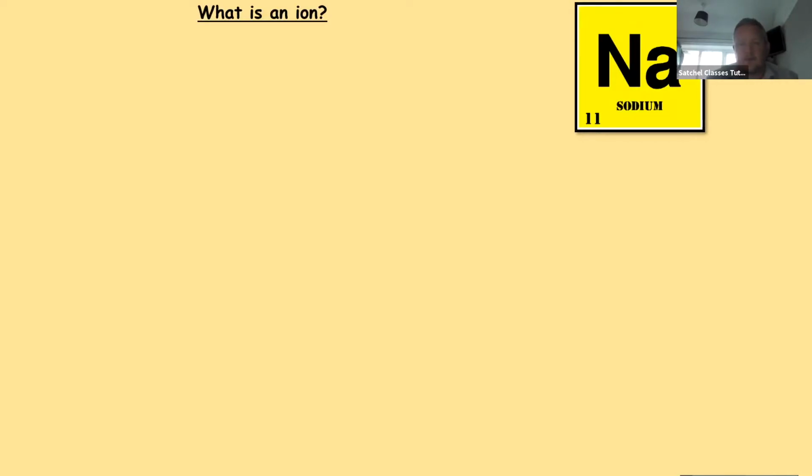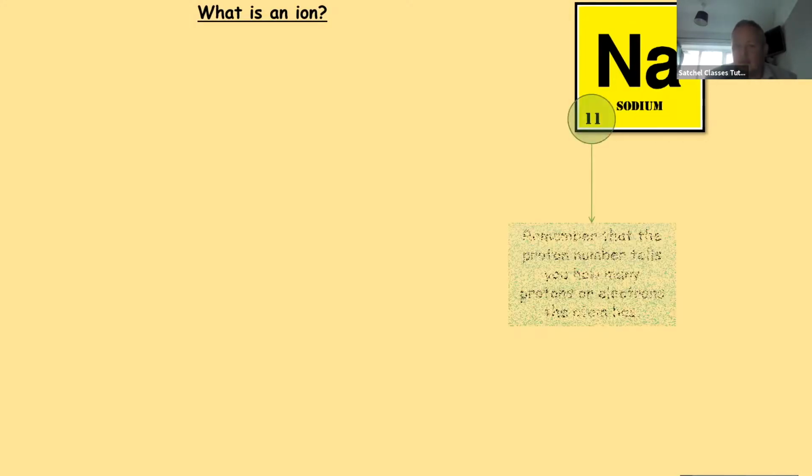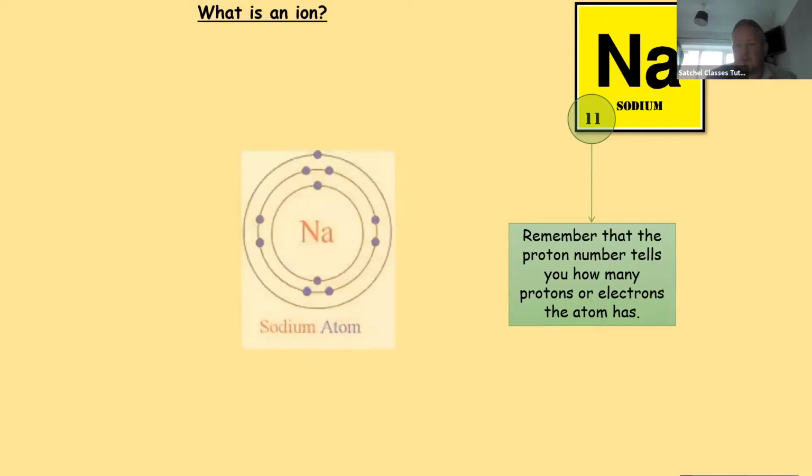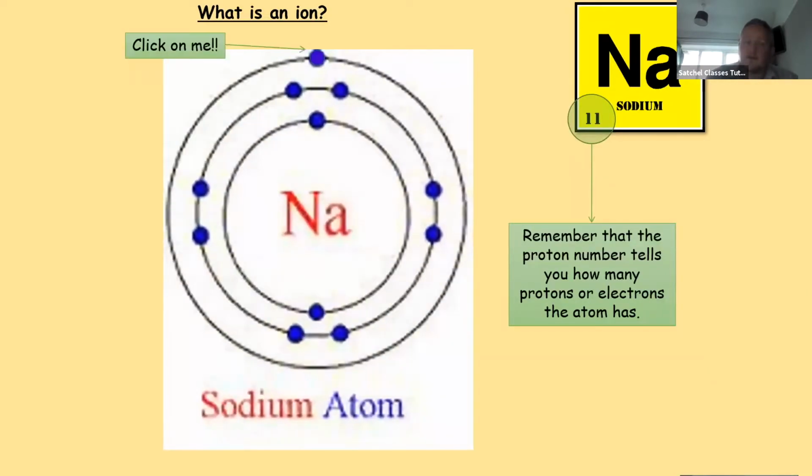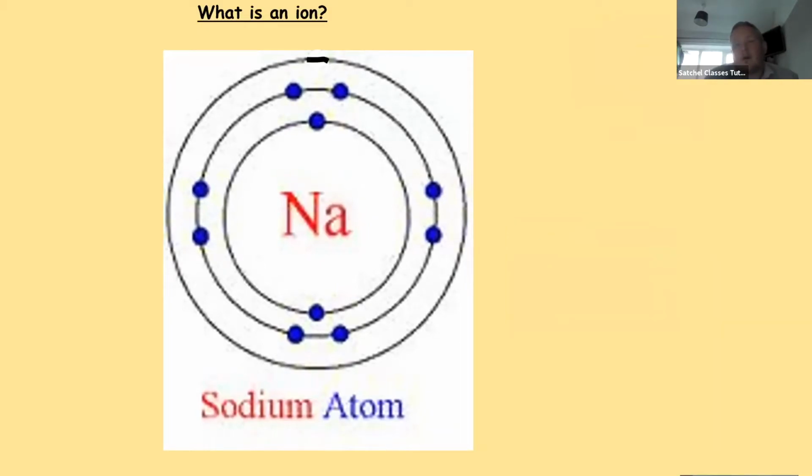Here's our sodium. It has 11 protons. The proton number tells you how many protons are present, and so we can use that to work out how many electrons the atom has. If there's 11 protons, there's 11 electrons. But the outer electron can be removed.